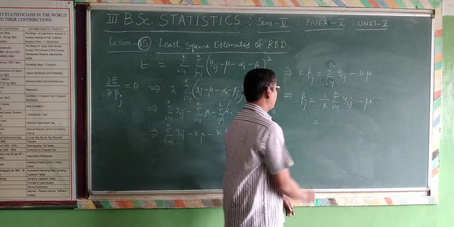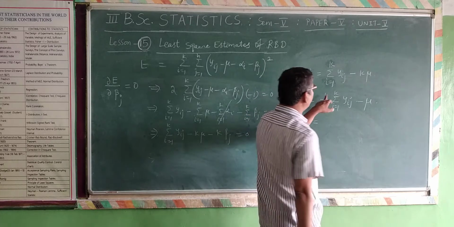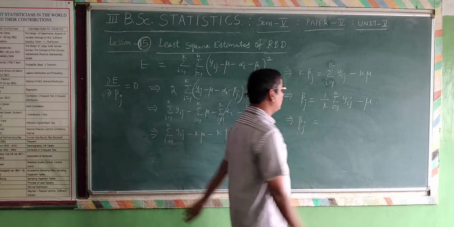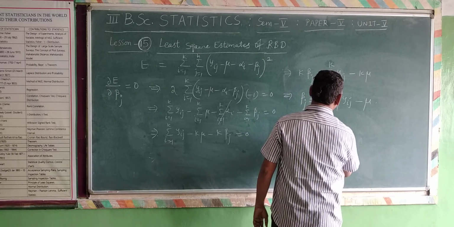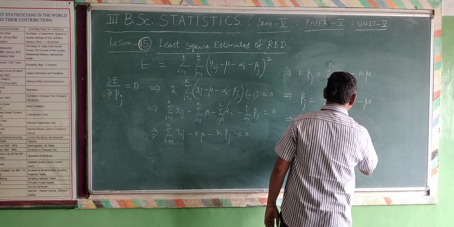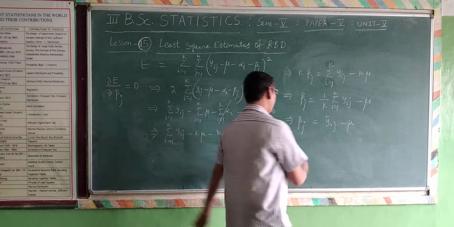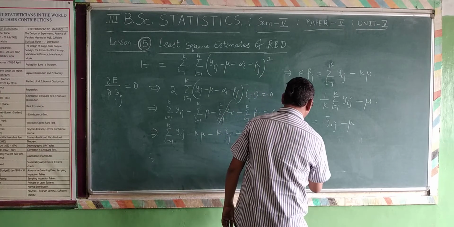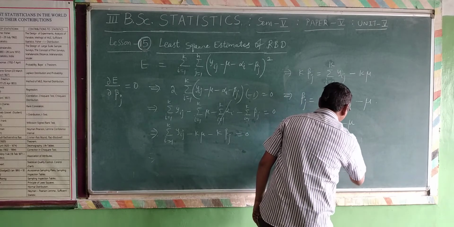So now we see here this is beta j, therefore beta j is equivalent to 1 by k summation i equals 1 to k yij, which is nothing but y bar dot j, minus mu. Now you have to estimate the value. So therefore, beta j cap is equal to y bar dot j minus mu cap.